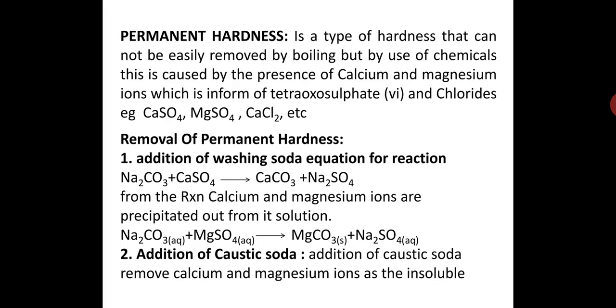Examples of salts that cause permanent hardness: calcium tetraoxosulphate 6, magnesium tetraoxosulphate 6, calcium chloride, etc. These are the salts that cause permanent hardness.